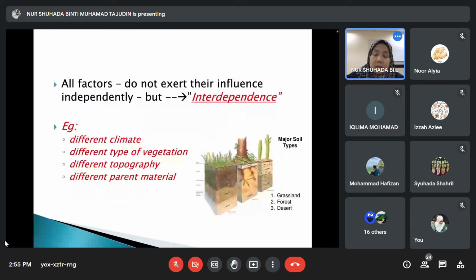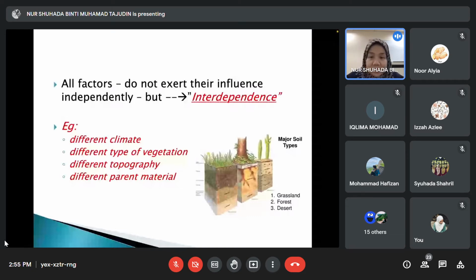Artinya dalam keadaan sebenar, tanah ni dia terbentuk adalah berbeza-beza. Berbeza-beza mengikut climate, vegetation, topography, parent materials. What is the organisms on top of the soil is affecting how the soil will form and is forming.